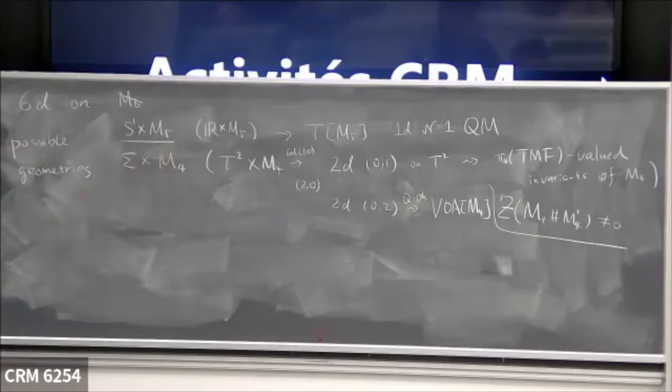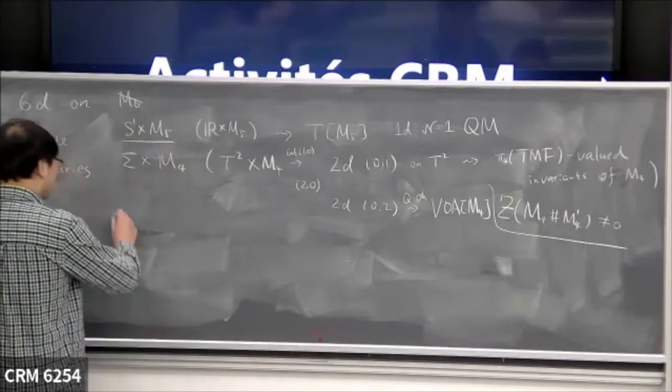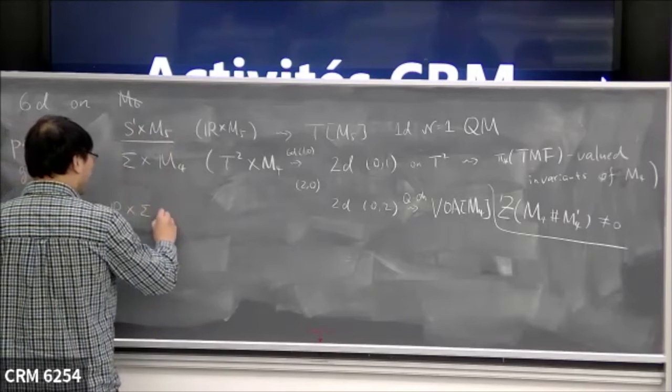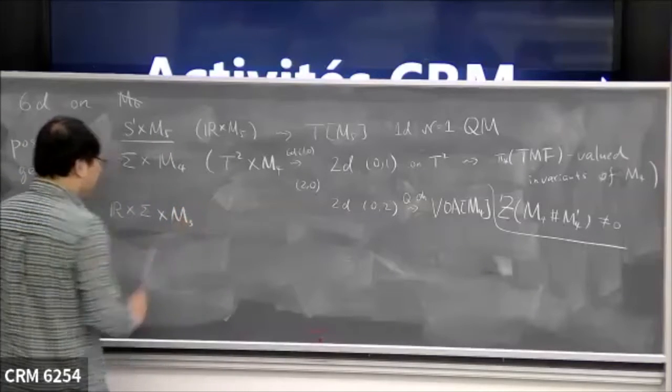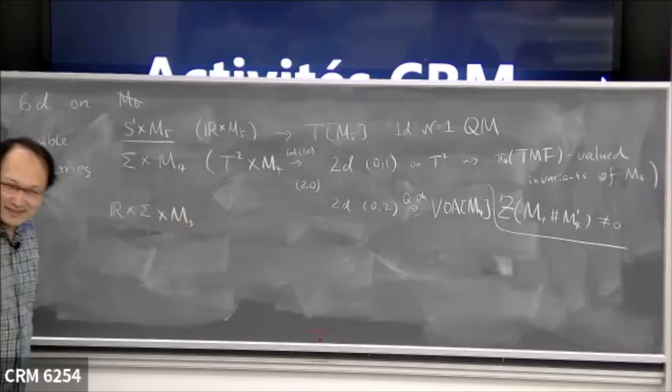So let me just maybe mention one thing, and then we end today's lecture. So another geometry to consider is R times sigma times M3. That seems to be a boring variation of this.